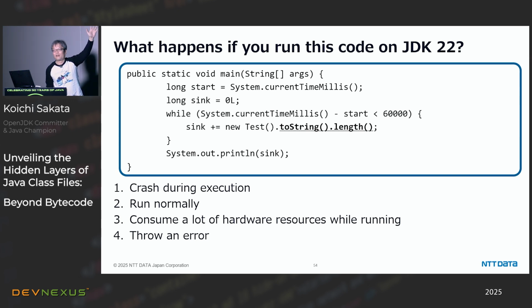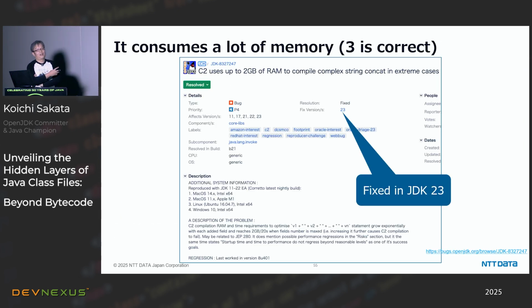Option 3? Option 4? Thank you. That can be executed, but it consumes a lot of memory. So option 3 is correct. This issue was reported in the JDK bug system, but it was fixed in JDK 23.